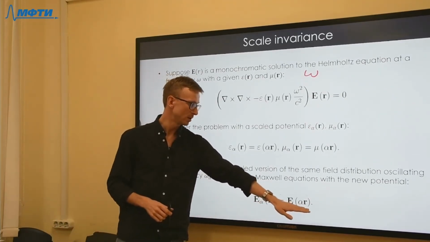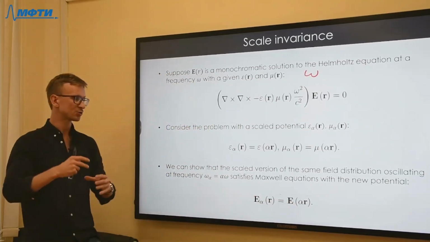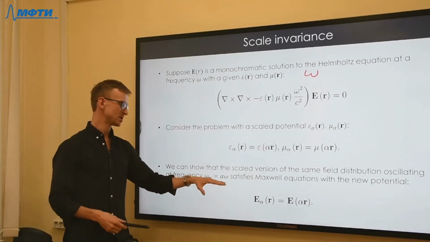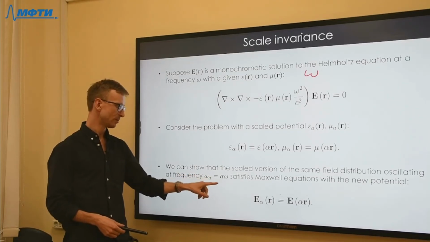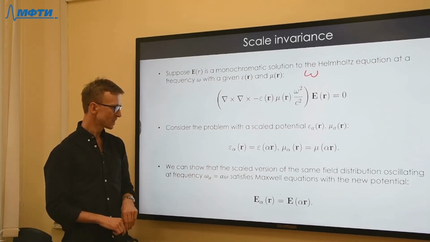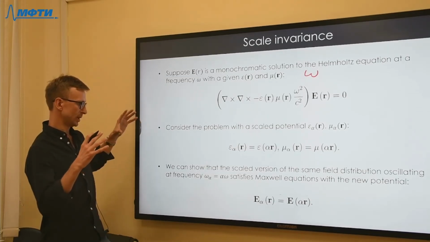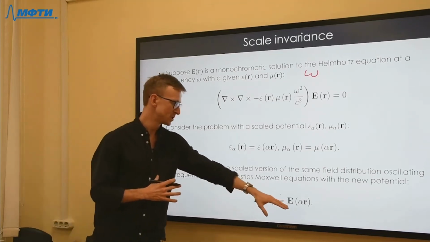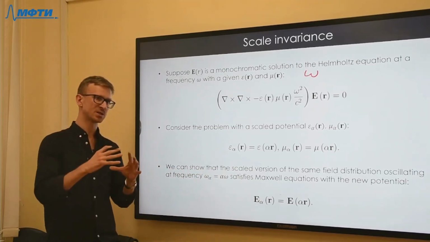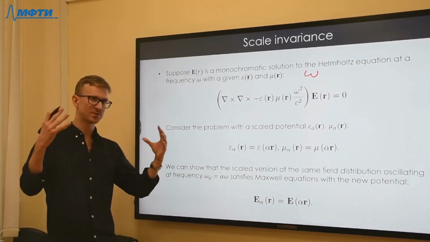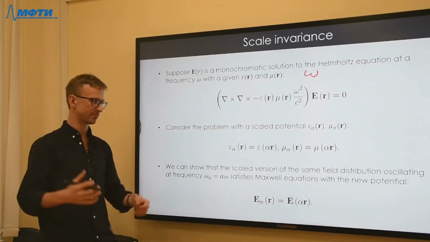By scaling it by the same factor alpha, stretching or shrinking in space, and at the same time changing the frequency of that monochromatic stationary field by the factor alpha. So if alpha is larger than 1, that shrinks the field, that increases the frequency, and that decreases the wavelength. That makes sense, right? We increase the frequency, the wavelength becomes shorter, the frequency becomes larger.